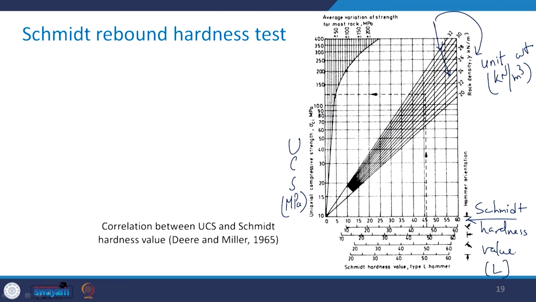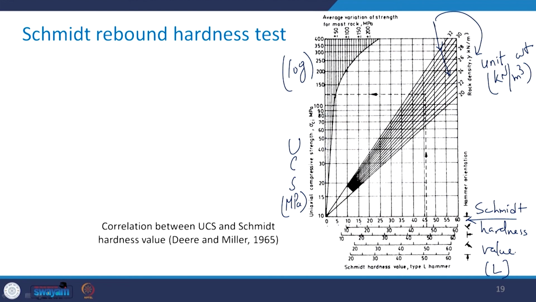Let us say that here you have the numbers 0, 5, 10, 15, 20 and so on, and on this axis, which is the log scale, you have 10, 15, 20, 30, 40, 50, 60, 70 and so on. Now, how to determine the unit weight? That we have seen when we were learning about the physical properties determination of the rock.